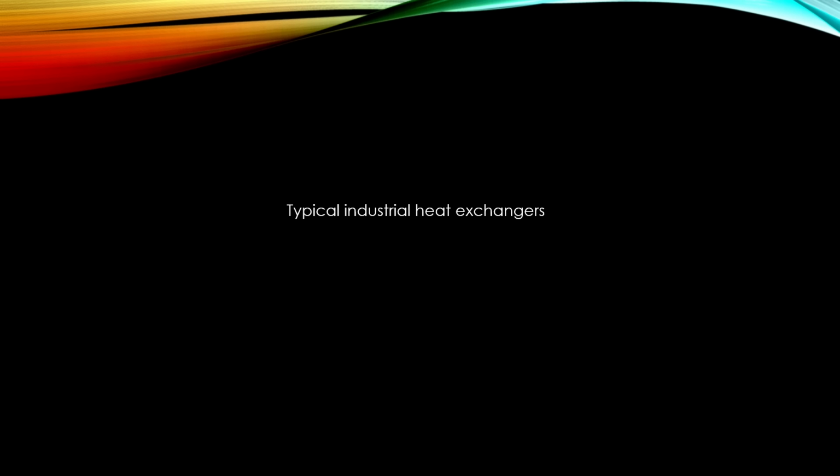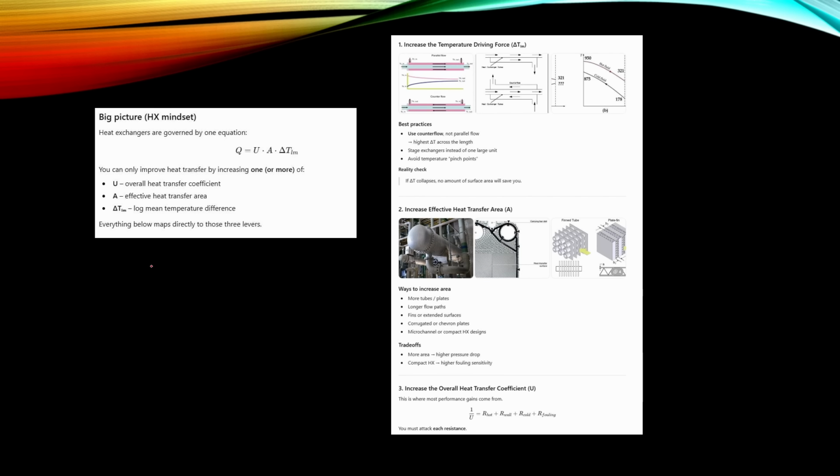In this last section we have some examples of industrial heat exchangers. I want to raise some important design rules, how we can improve heat transfer in these units. When we make a design, we need to keep in mind this heat transfer equation.